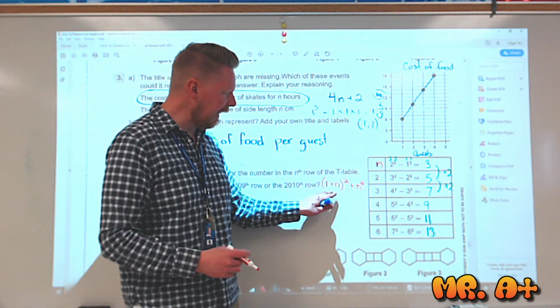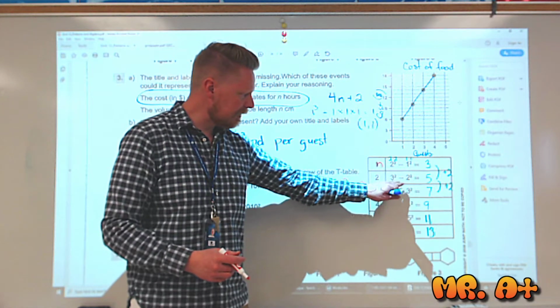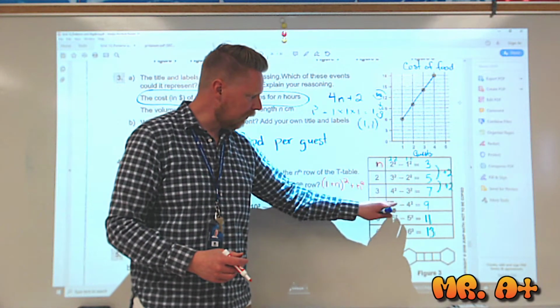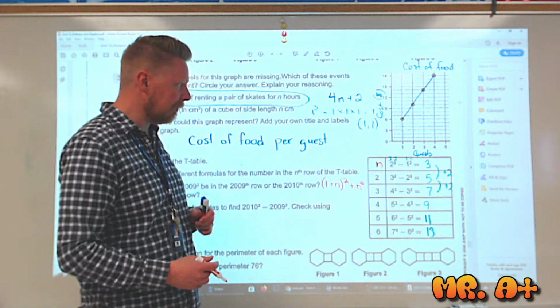Because whatever n is, this is simply 1 more than that. 2 plus 1 is 3. 3 plus 1 is 4. 4 plus 1 is 5. That's one way of looking at the formula.